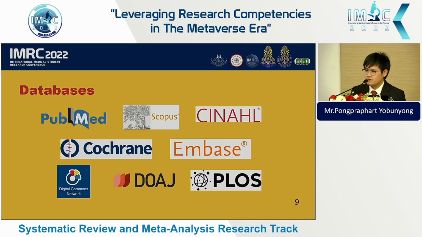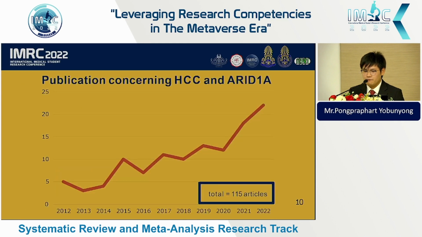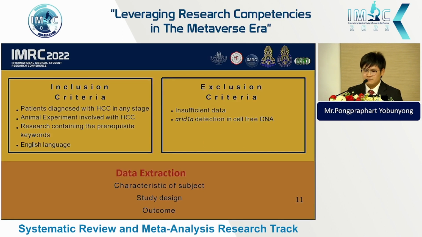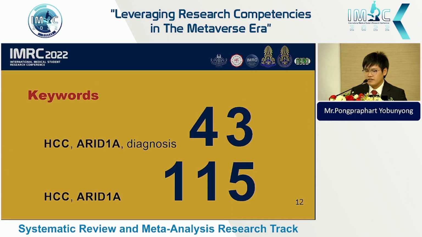As we searched through all the databases, we saw that interest in HCC and ARID1A seemed to start in 2012, and then its popularity rose as the years went by, especially in 2021 and 2022. Using 3 keywords, including HCC, ARID1A, and diagnosis, we found 43 articles. But if we only use 2 keywords, excluding diagnosis, we found 115 articles, which we will be focusing on.